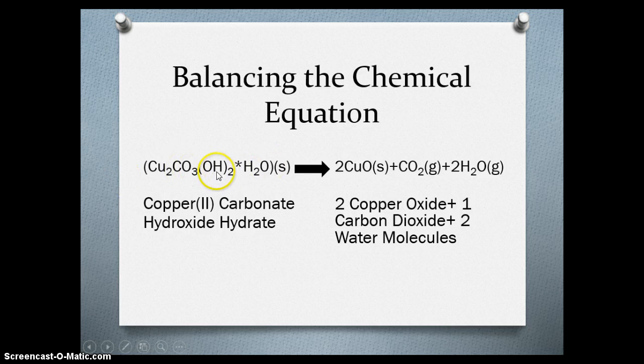One molecule of the copper carbonate hydroxide hydrate gives us 2 molecules of copper oxide and 1 molecule of carbon dioxide and 2 molecules of water. So also take note that the initial molecule is in a solid state, and the copper oxide is also in a solid state, but the carbon dioxide is in a gas, and the water is also in a gas, meaning it's in the form of water vapor.